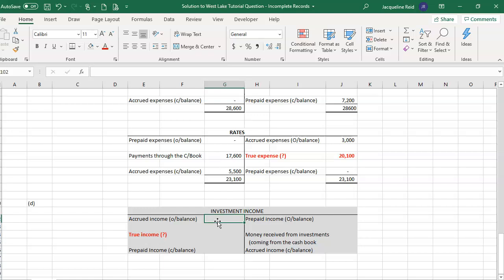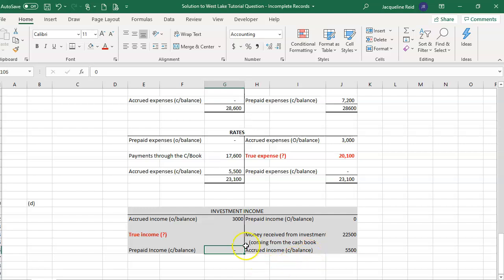So this figure is $3,000. It also closes the year as an accrued income of $5,500. $22,500 came into the bank account, or the cash book, sorry, as monies from the investment. There was no prepaid income, so that's nil at the start of the year, and likewise nil at the end of the year because there's no prepaid income.